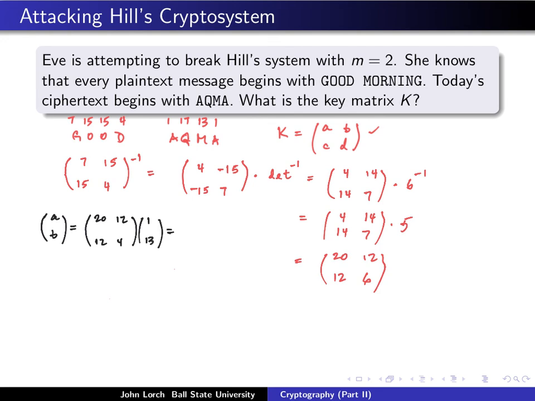And when you make that matrix product, what you're going to get is 2, 3.